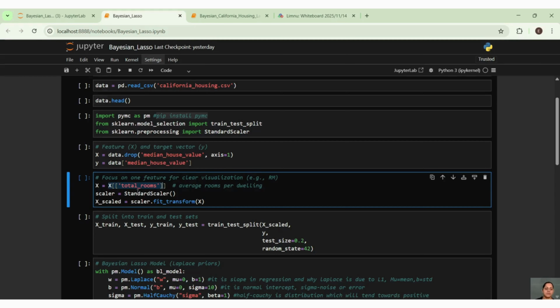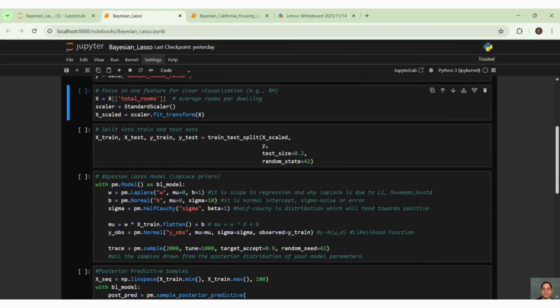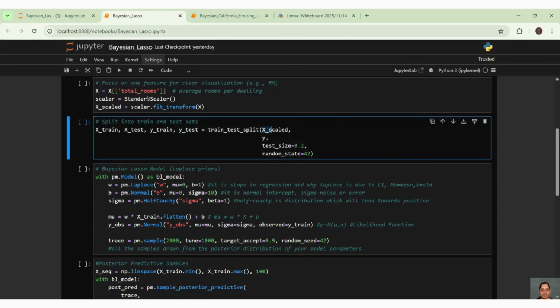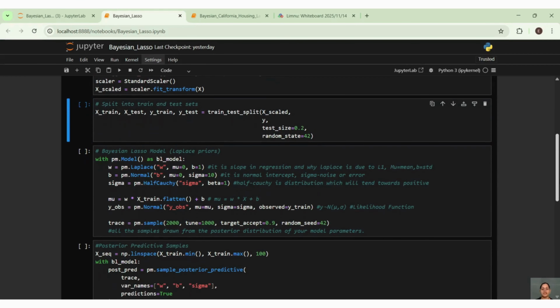Then we apply the scaler and transform it with standard scaler. Then I have taken xscale dot that particular feature, and with that we can understand the relationship between total rooms and my total price.